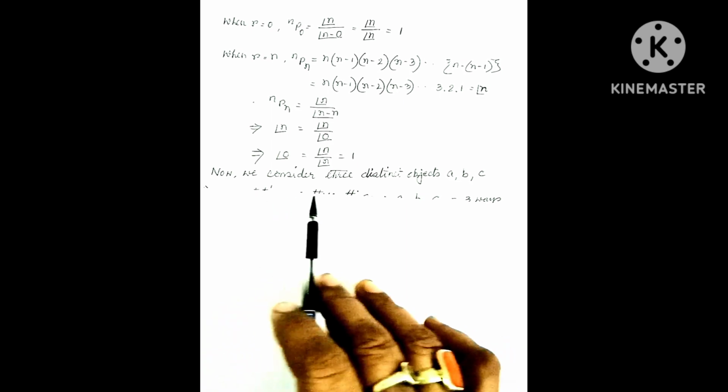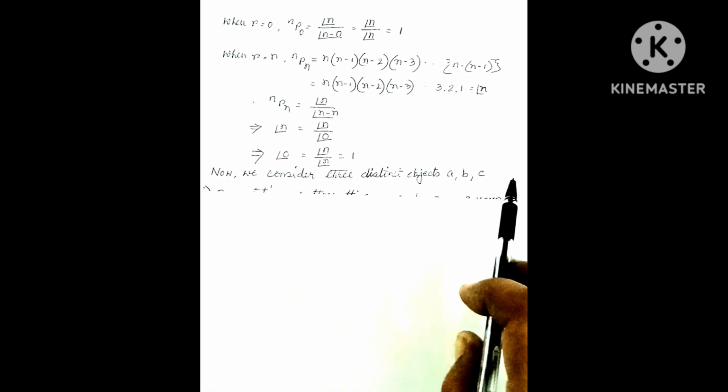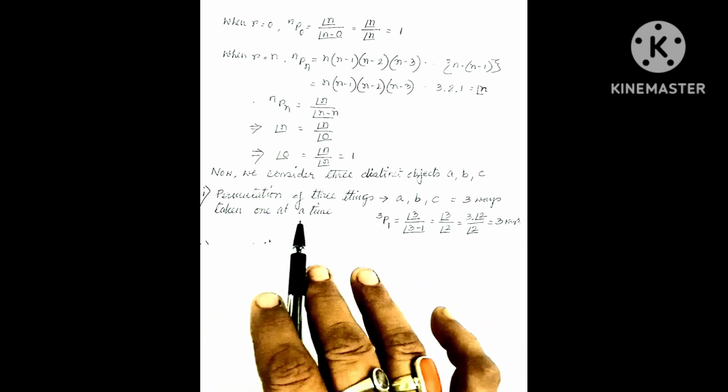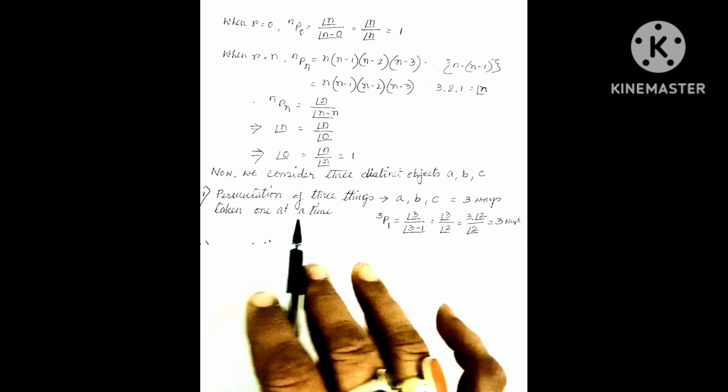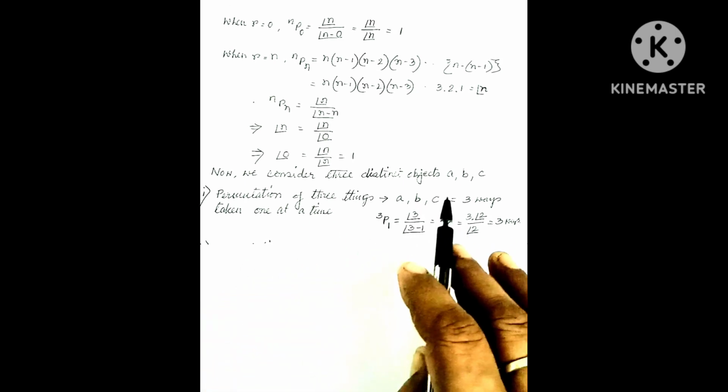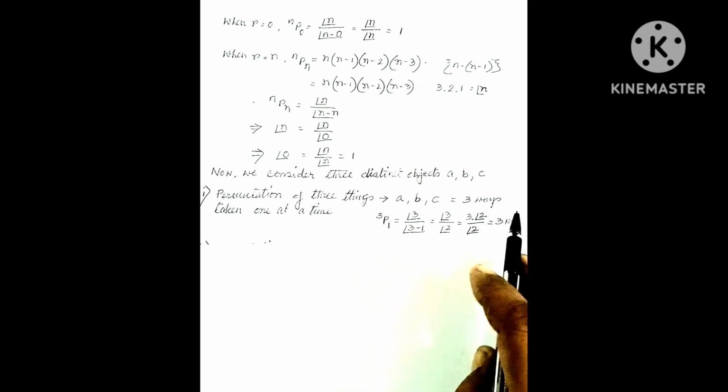Now we consider three distinct objects A, B, C. First we consider the permutation of three things taken one at a time. That is A, B, C. That is three ways.